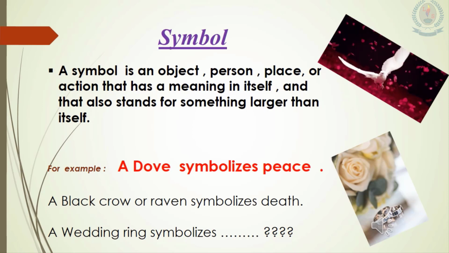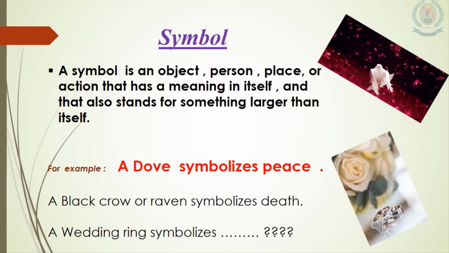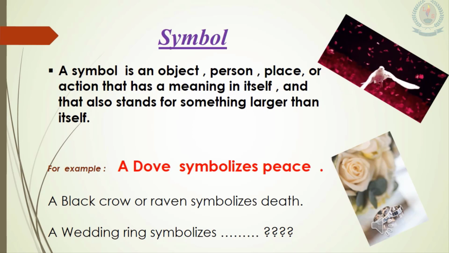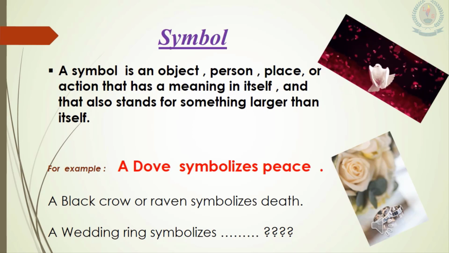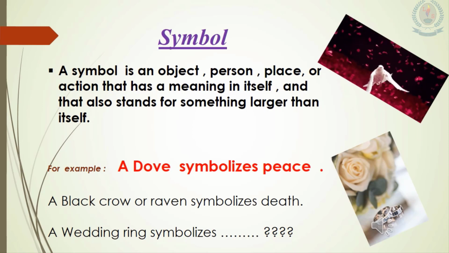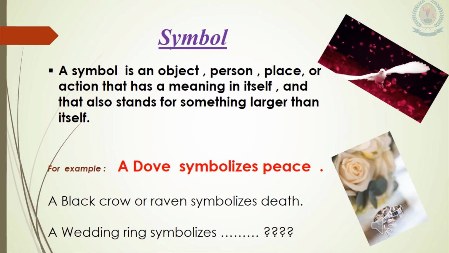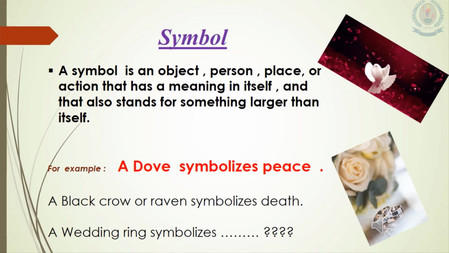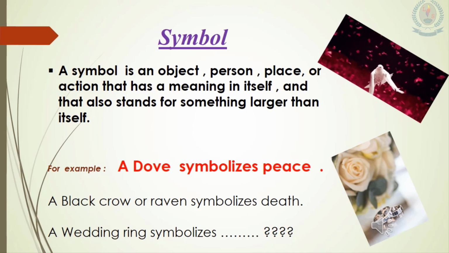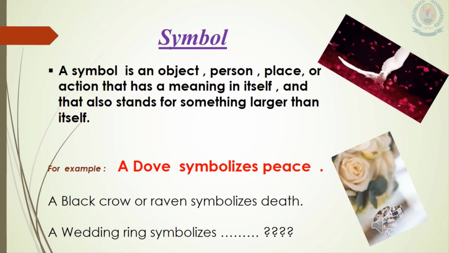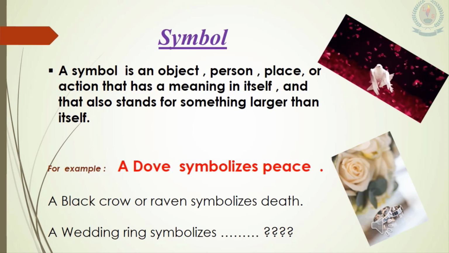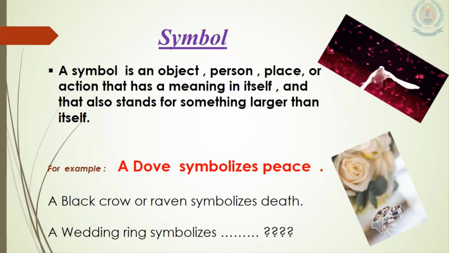Yes, it's a good sign. A black crow or raven symbolizes death. A wedding ring symbolizes what? Yes, time to guess. So, a symbol is a good sign of understanding a poem or a particular story. So, there are so many symbols inside a poem or a story.